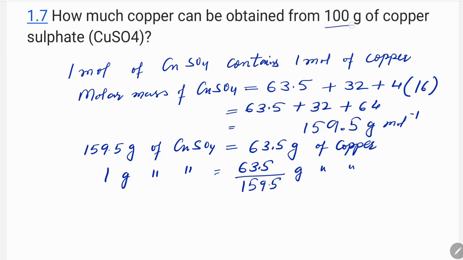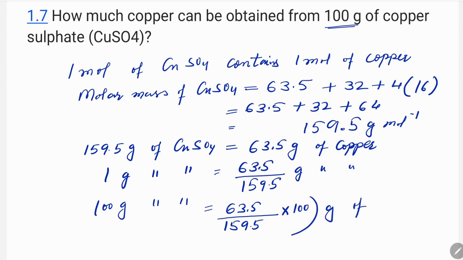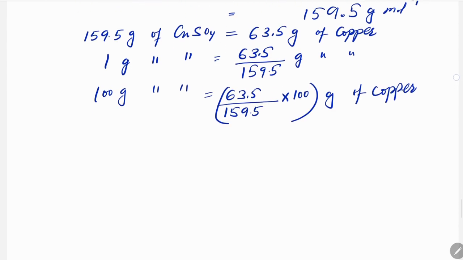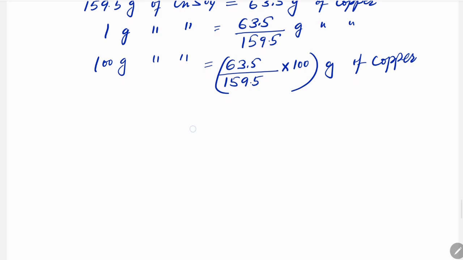In the question, we have been asked for 100 gram, so for 100 gram of copper sulfate, it is 63.5 divided by 159.5 multiplied by 100 gram of copper. You can calculate it; it comes to around 39.81 gram. So this is how you solve this question.